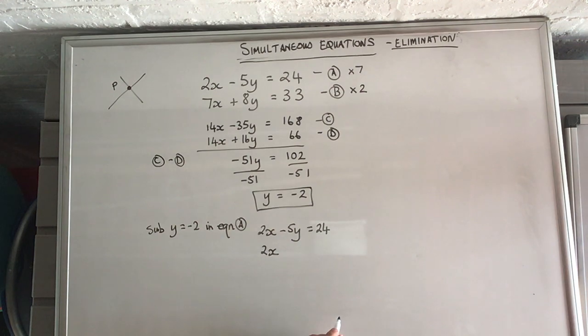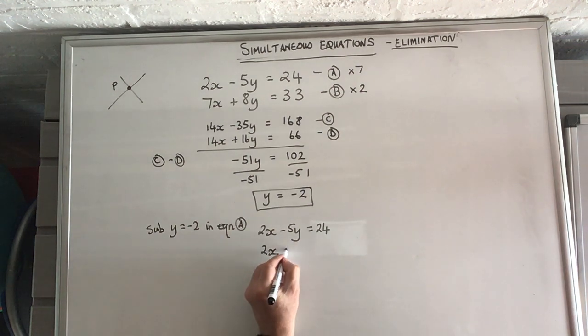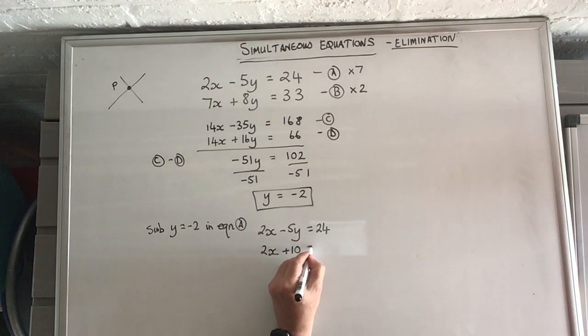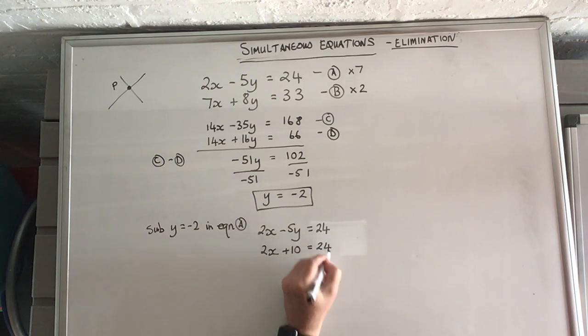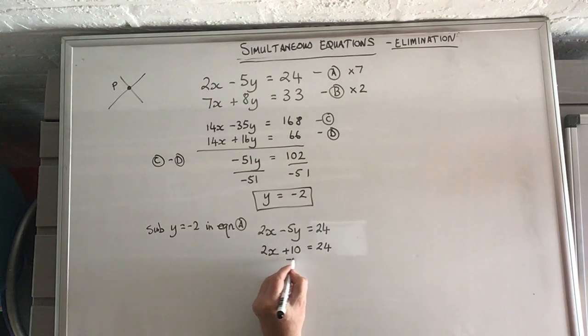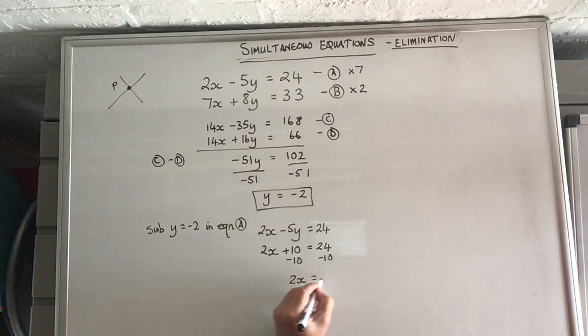Minus 2 times negative 5 is a positive 10, is equal to 24. Subtract 10 from both sides. So we're left with 2x then is equal to 14. So divide through by 2. x is equal to 7.